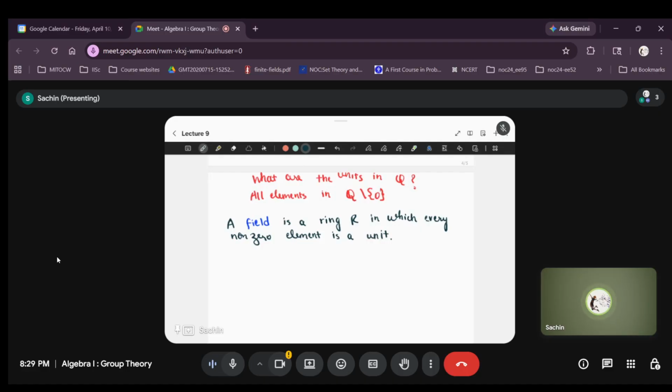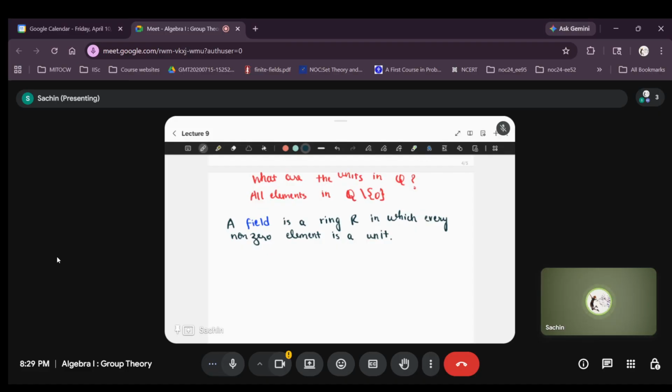For multiplication, you have to remove the zero element. Yes, and the distributive property should also hold. So it just has one more extra condition than our ring, but that makes a huge difference.